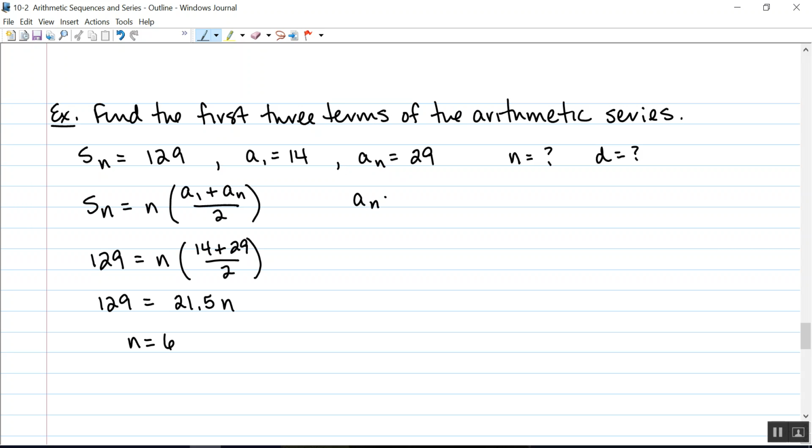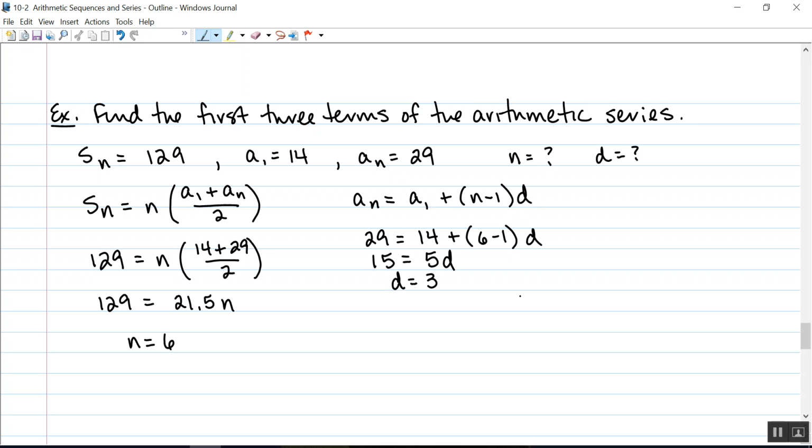So we're going to use our first formula here. a sub n is 29, a sub 1 is 14, n is 6, and I don't know what my common difference is. So I'll go ahead and subtract that. That's going to give me 15 equals 5 times d, or d is equal to 3.